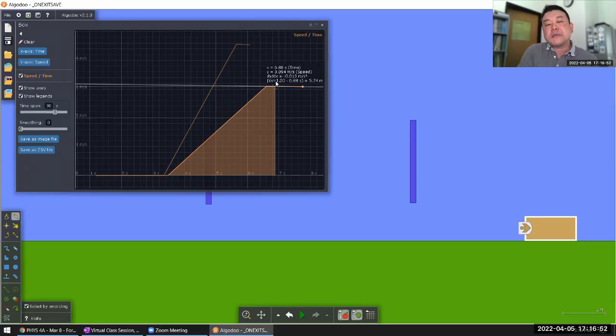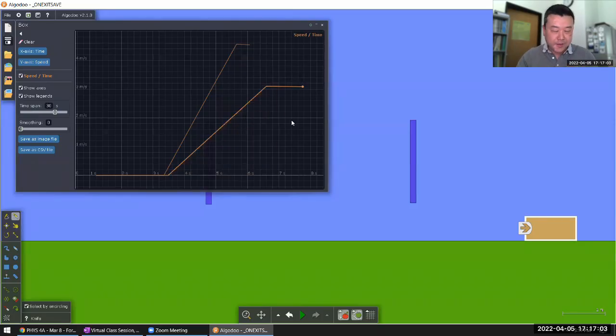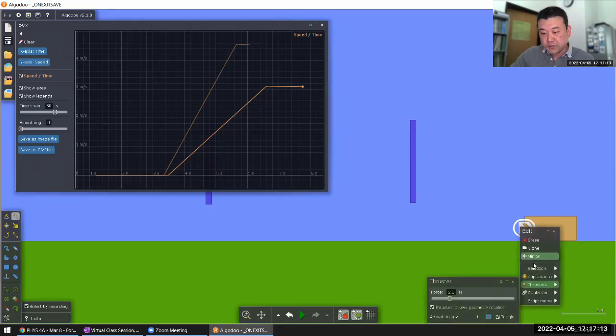Now let me change the wording of the question slightly. In the previous hypothetical question, I had it set up so that the two different blocks are being pushed between these two endpoints over the same distance, pushing with the same amount of force using this thruster.